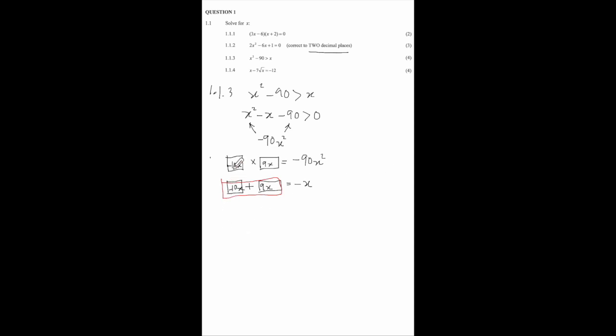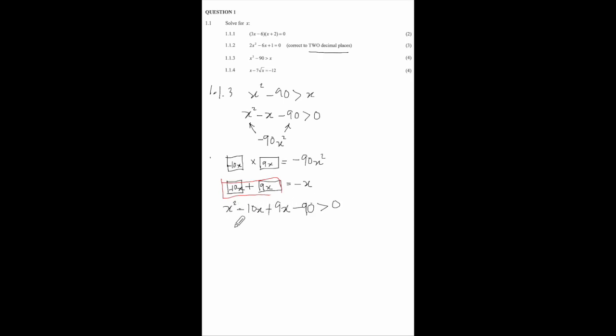I would take the first one, x squared, as it is, and then I would replace the middle term, negative x, by negative 10x plus 9x. And then the last term would still be negative 90. So the only thing that has changed is the middle term, greater than 0.